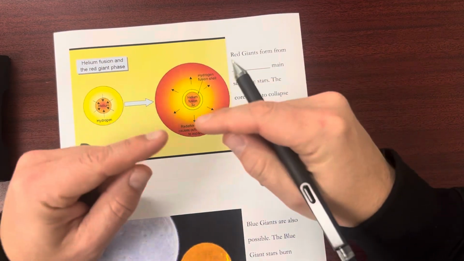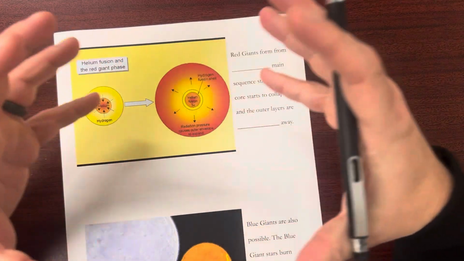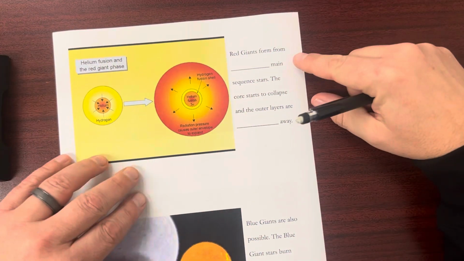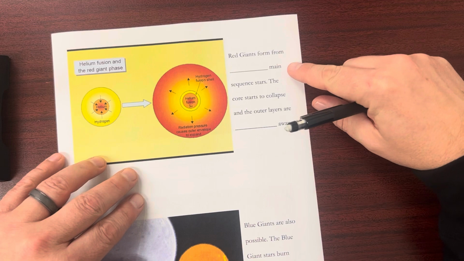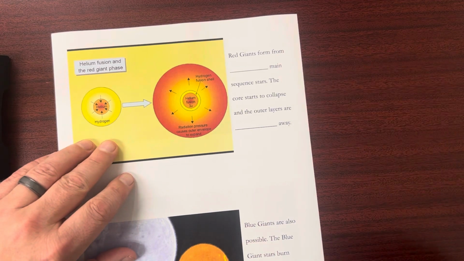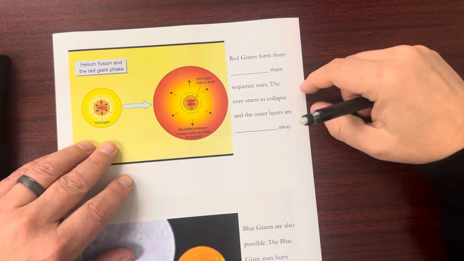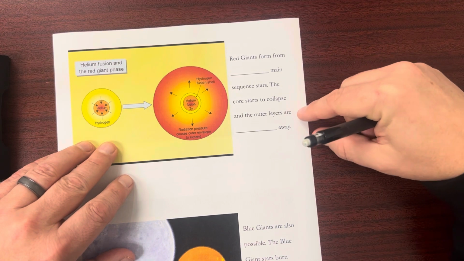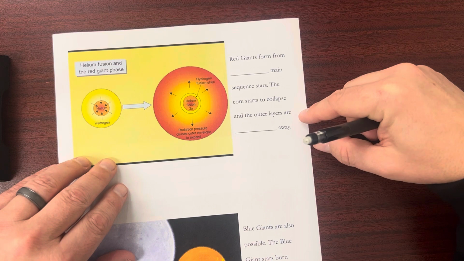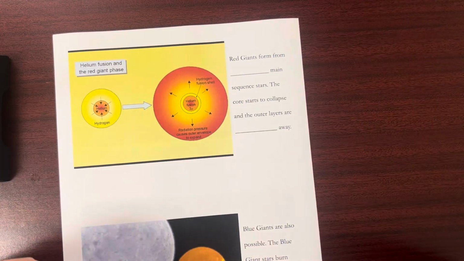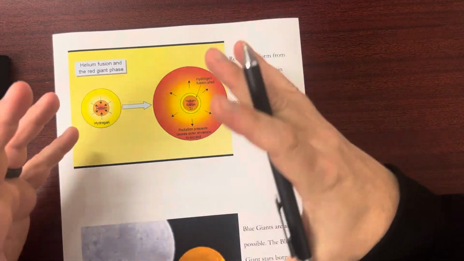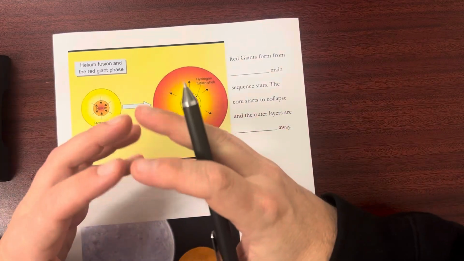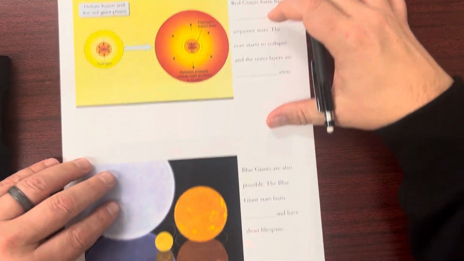So even while the inside is collapsing, the outside is expanding. Red giants form from older main sequence stars. The core starts to collapse and the outer layers are pushed away. So you've got this weird case again where it's shrinking in the middle, expanding on the outward edges.